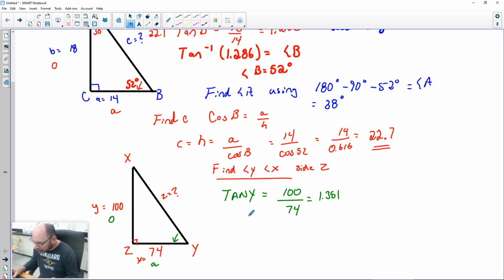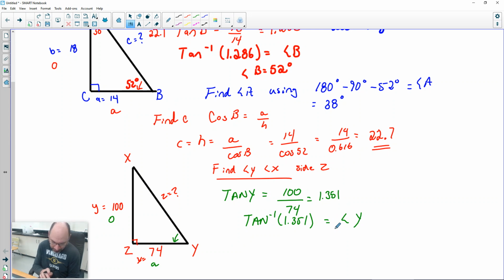Okay, we're going to take our tan on our calculator, go with the second function, tan inverse of that number we just figured out, to get our angle Y. When I go Shift tan on our calculator, I get 53.498, so we'll say 53 degrees.